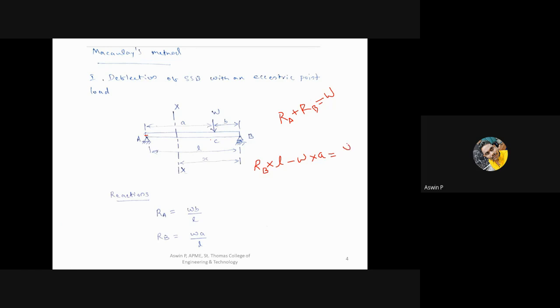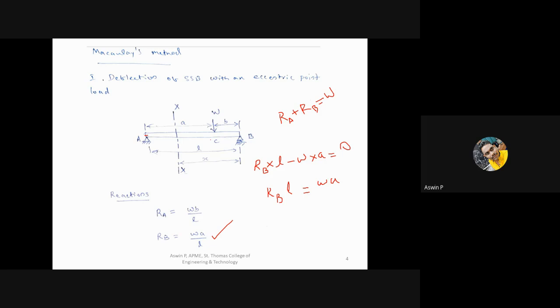You know that the moment at A will be 0. So when you are substituting, RB into L is equal to W into a, right? And RB will become Wa divided by L.